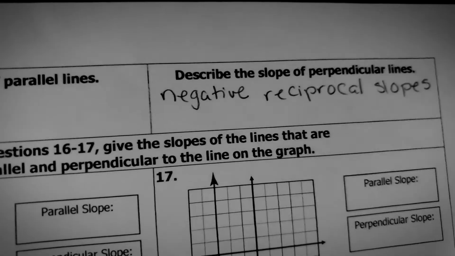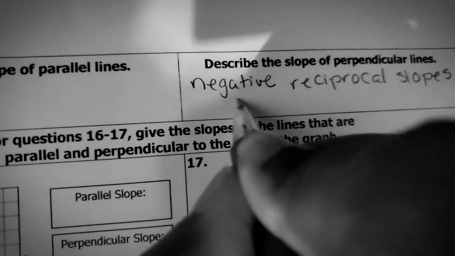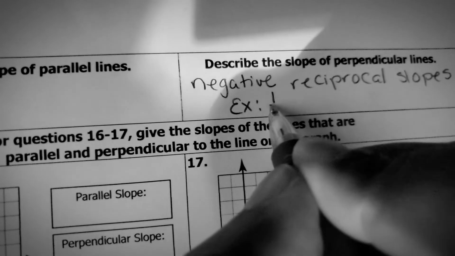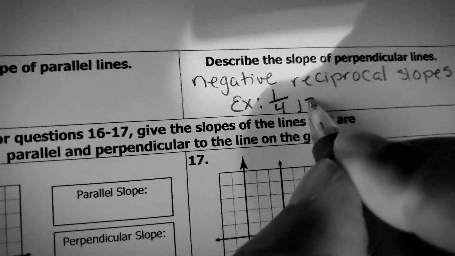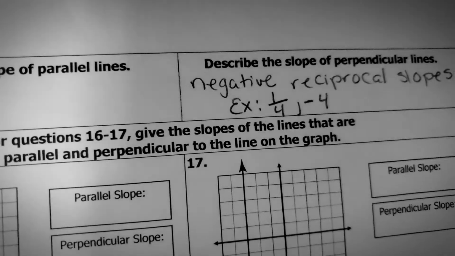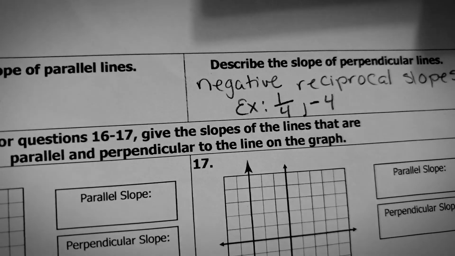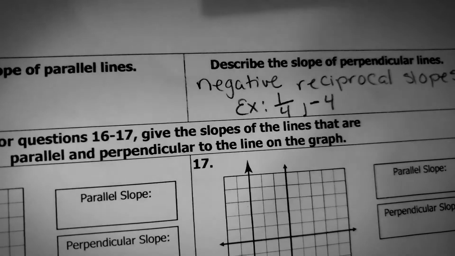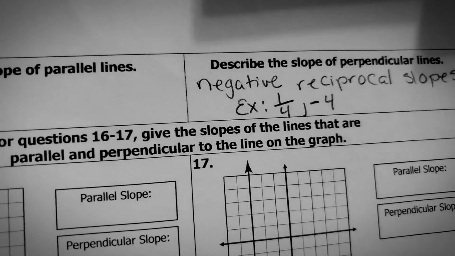Okay, and an example of that would be 1 over 4 and negative 4. So 1/4 and 4 are reciprocals, and notice that 1/4 is positive and 4 is negative. So one is the opposite sign of the other.